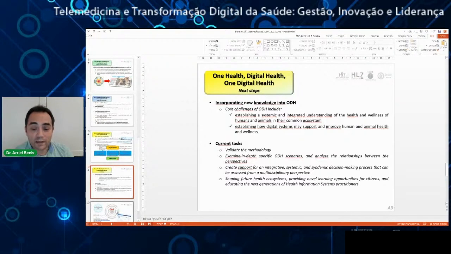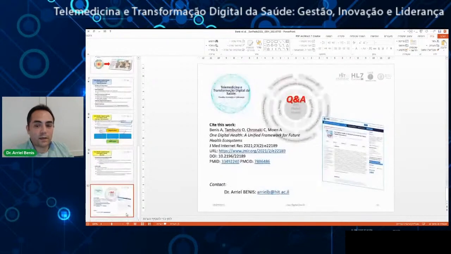And our current task is to validate this methodology, to take it forward by developing ODH scenarios for supporting public health analysis in these perspectives, supporting the integration of the different data for the different integrators and more digital healthcare developers, and globally training the next generation of healthcare practitioners or digital health practitioners in One Digital Health, for giving an integrated perspective of health, looking at humans, animals, and environment as a whole and not from silo perspectives.